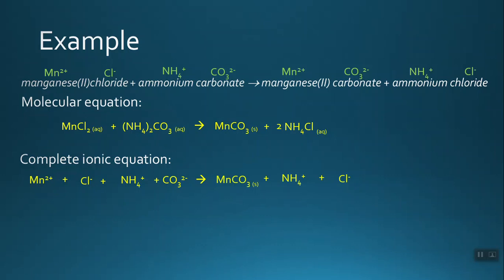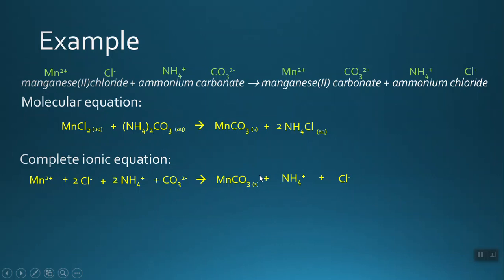Now I'm going to go back and match up the number of atoms with the ions. Here I have one manganese. Here I have 2 chlorine, so I'm going to put a 2 in front to represent that there are 2 chloride ions. Ammonium: here I have 2 ammoniums, so again I'm going to write 2. Carbonate is 1, so I'm going to leave that alone.